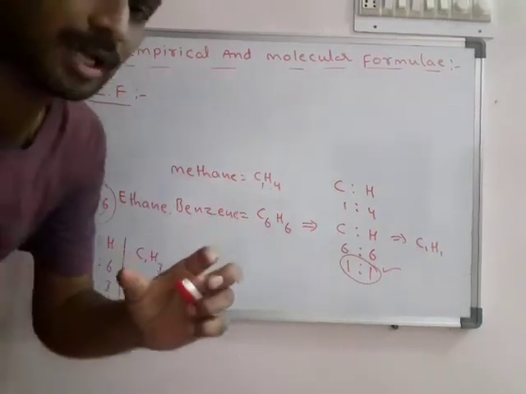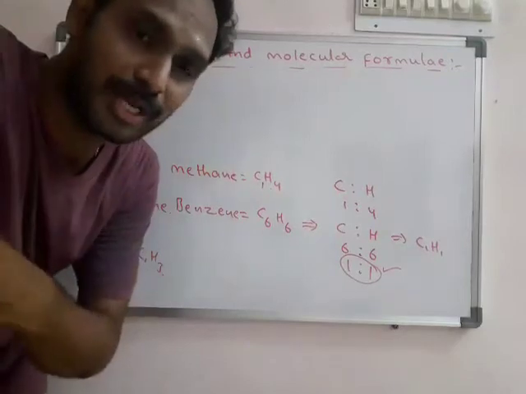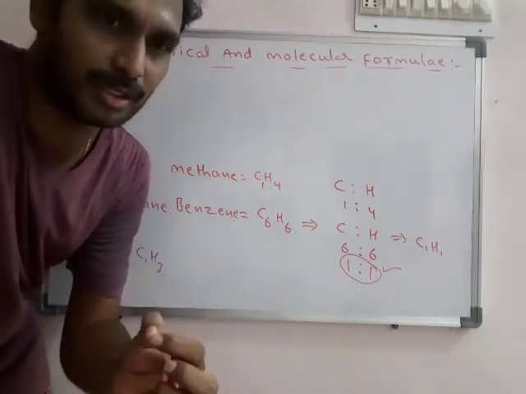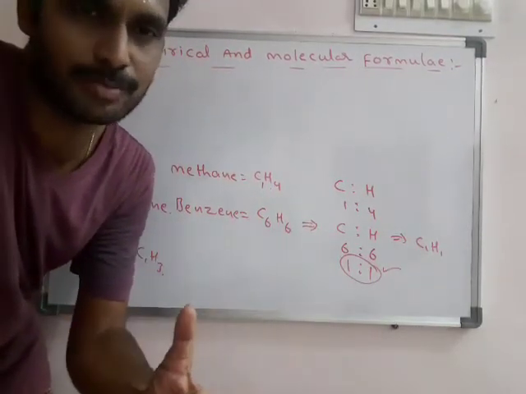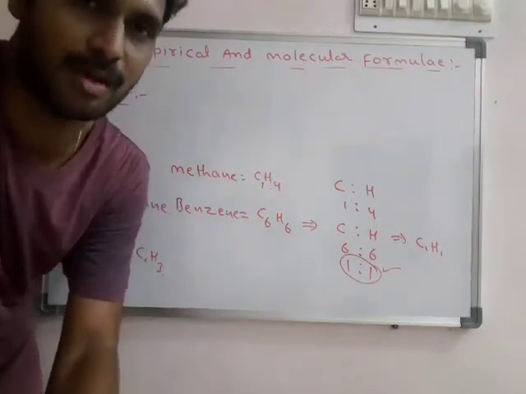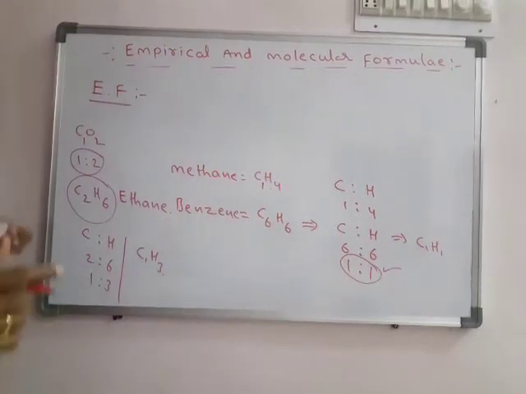If we give the perfect number of atoms, that is a molecular formula. If we give just the ratio of atoms, that is the empirical formula. Okay, we can write that.